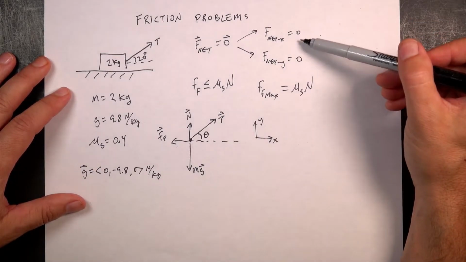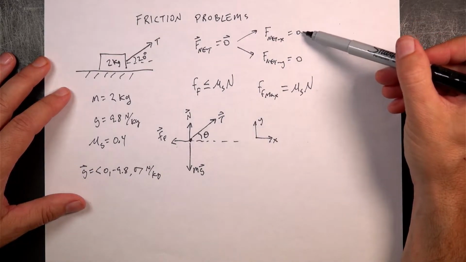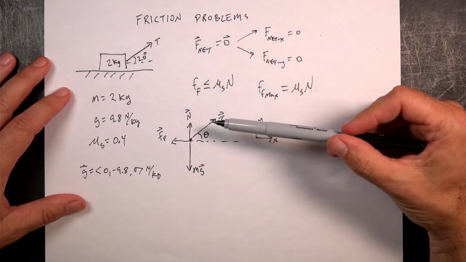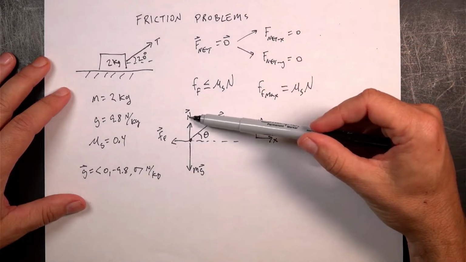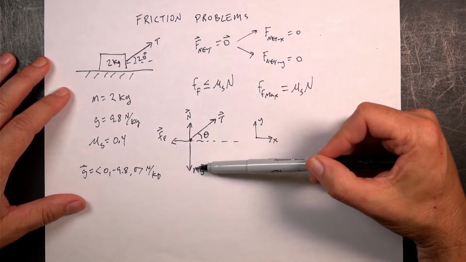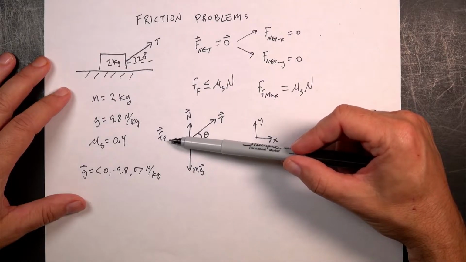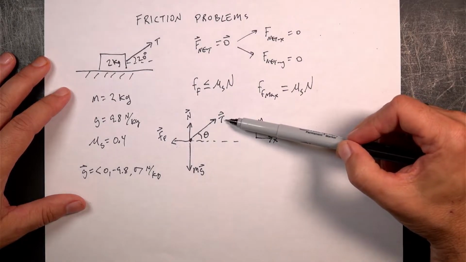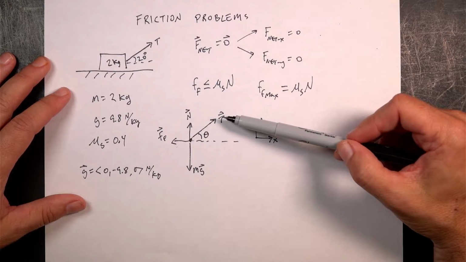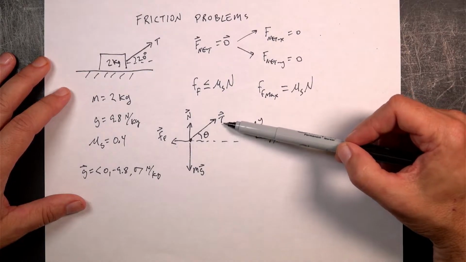Now we want to write these two equations out. We want to write all the forces acting in the x direction. So which of these forces act in the x direction? Well, the normal force is only in the y, and the gravitational force is only in the y. So they don't have an x component. The friction is in the negative x direction, and the tension is in both the x and the y direction. So we'll need to get the x component of the tension.